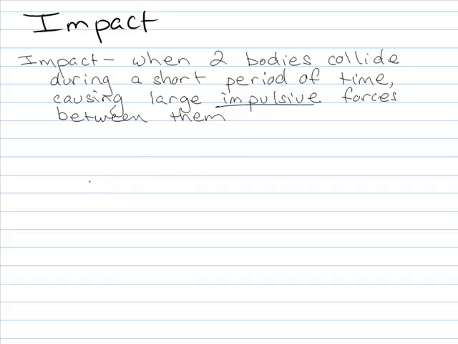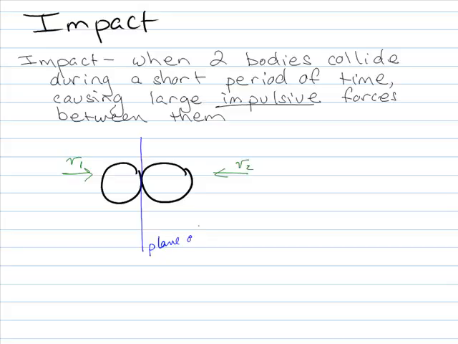So let's get some vocabulary down. Basically, if I've got, say, two pucks, and one's traveling this way, one's traveling this way, what we want to do is identify the place where they're tangent to each other. This is called the plane of contact, and the plane of contact is where they're tangent to the surfaces.